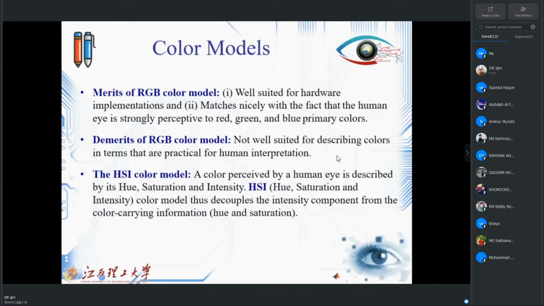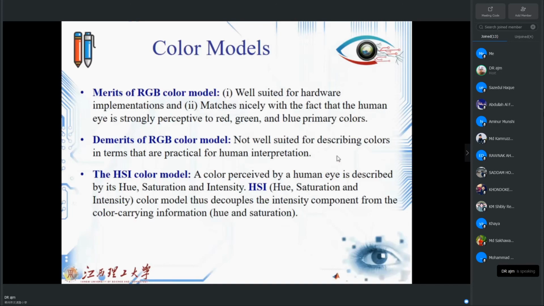Then the RGB color model is well suited for hardware implementation and matches nicely with the fact that the human eye is strongly perceptive to red, green, and blue primary colors. But the RGB color model is not well suited for describing colors in terms that are practical for human interpretation.